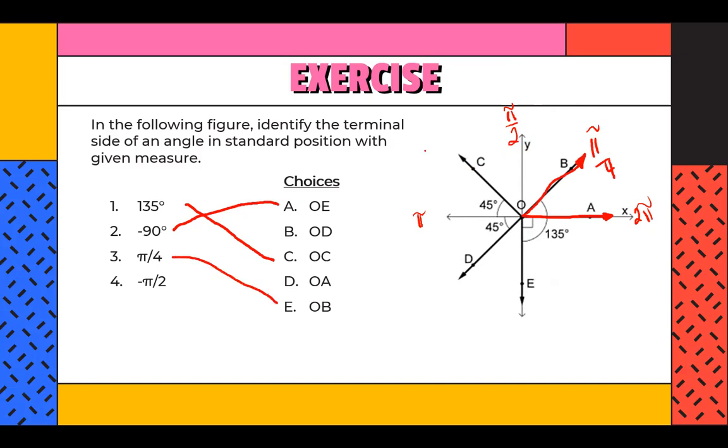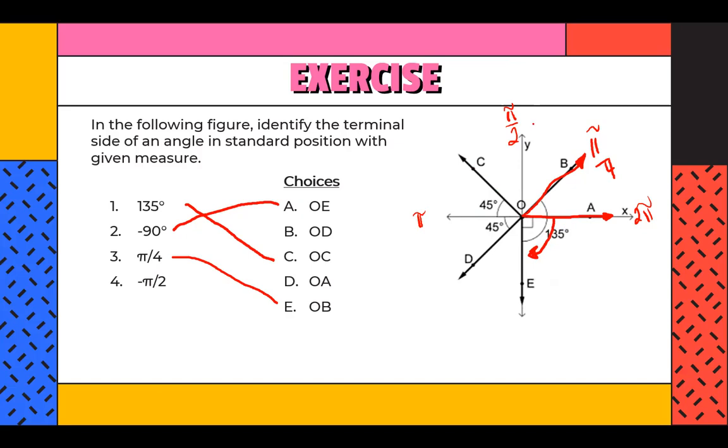And last, we have negative pi over 2. So again, we are considering the sign of our angle, which signifies the direction of the rotation of our ray. Therefore, it must move in a clockwise direction.